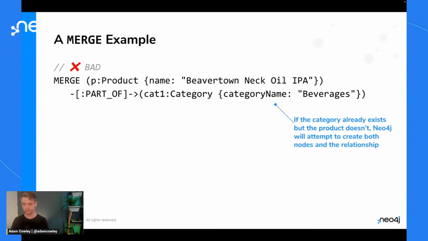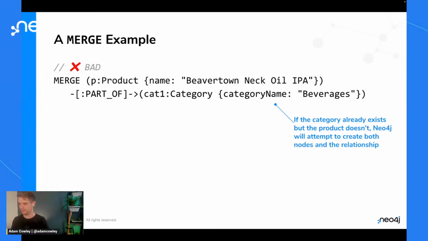So here, if the product does exist but the category doesn't, or the category exists and the product doesn't, or even if both of those exist but the relationship between them doesn't, it will try to create that whole pattern. So it'll try and create the new relationship and the two nodes.